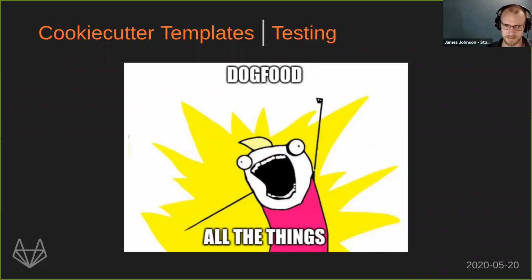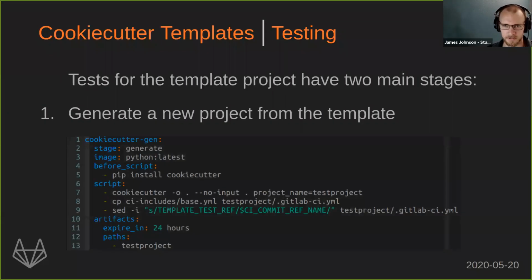If it doesn't work, then the template isn't fully functional, even if the individual tests pass on the project. So since we all work here at GitLab, I figured everyone would be interested in this. The way this works is the template project itself is split up into two main stages.